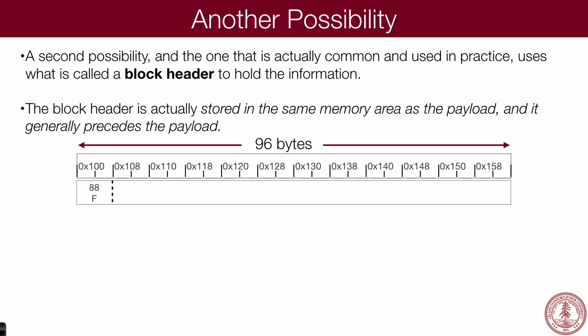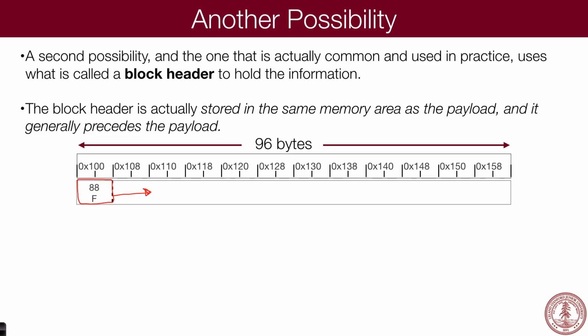So here's our 96 bytes again. Inside those 96 bytes, at the beginning, we have what we call a block header. This block header, in this case, is 8 bytes, and it says we've got 88 free bytes ahead of us.